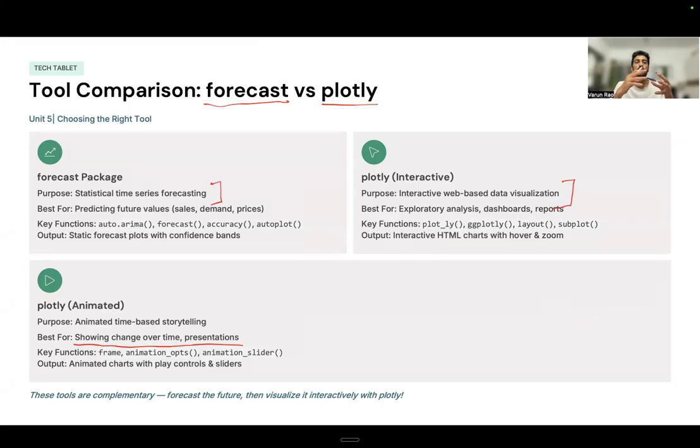Because you want to show an animation of how things have evolved from period X to period Y. But when you talk of basic interactive slides or interactive PPTs, you just want to ensure that when you hover or scroll to a certain point, you're able to see certain information without having to code again or look deeper into things. So the forecast and plotly are completely meant for different purposes.